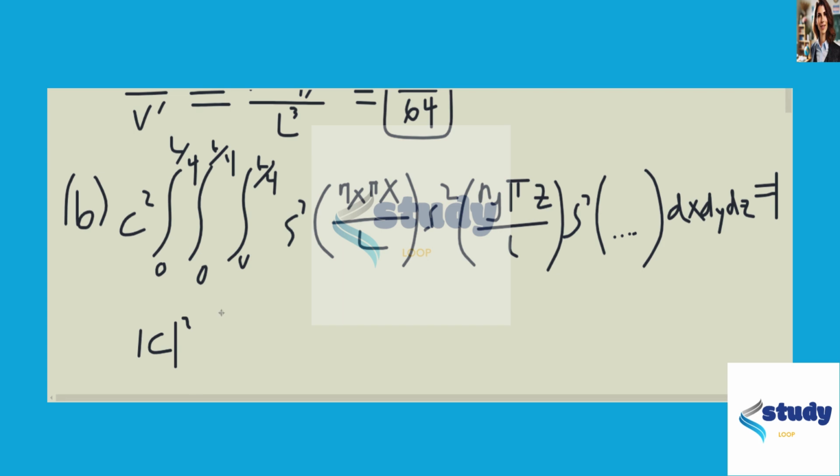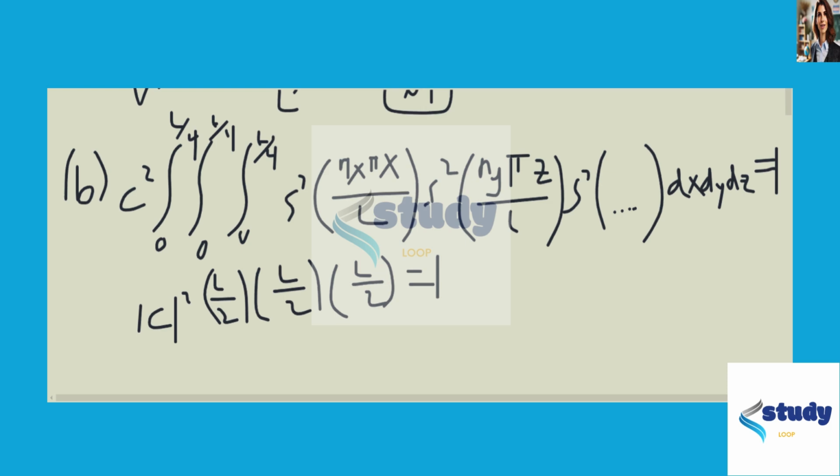So what we have here is the constant c squared, and each one of these comes out to be L over 2. Integrating sine squared of nx pi x over L with respect to dx gives you L over 2, L over 2, and L over 2, all equal.